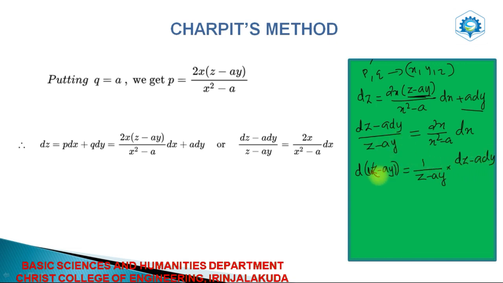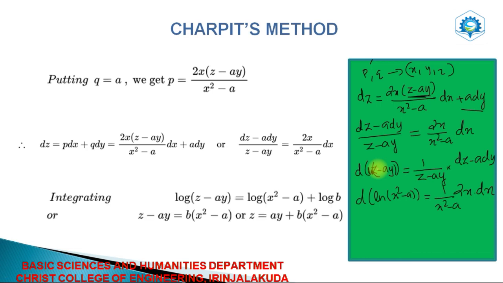So the left side is actually the derivative of log z minus ay, and also if we find the derivative of log x square minus a, it is 1 by x square minus a, and the derivative of x square minus a is 2x dx. So left side is the derivative of log z minus ay and right side is the derivative of log x square minus a. So on integration, what we get?